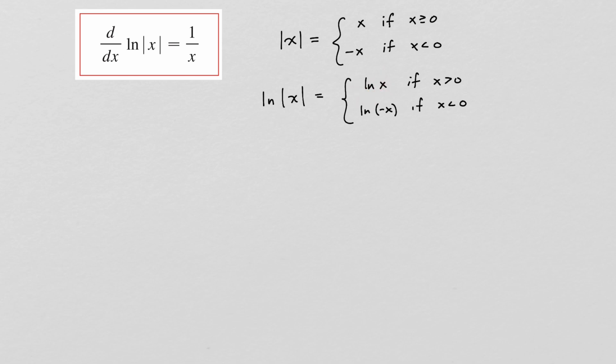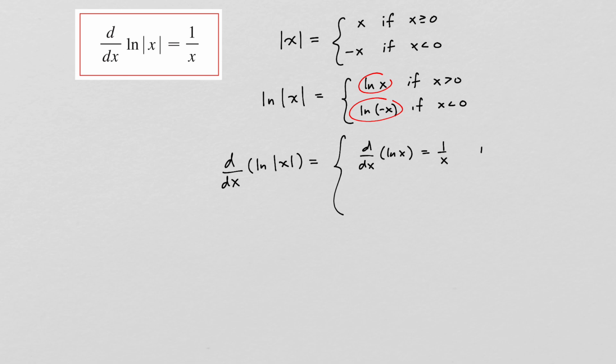So now if I want the derivative of the natural log of the absolute value of x, I'm just going to take the derivative of each one of these. So in the first part, we're just going to say it's the derivative of the natural log of x, which is 1 over x, and this is if x is greater than 0.